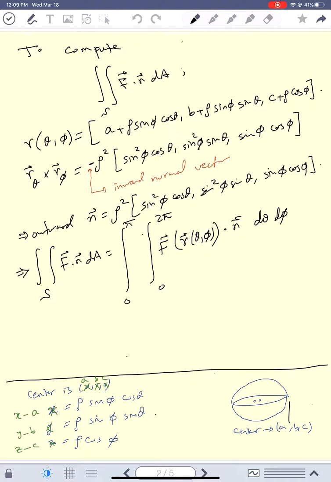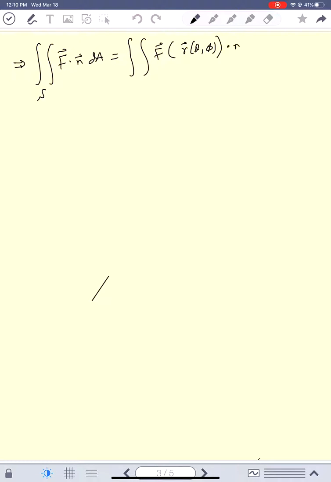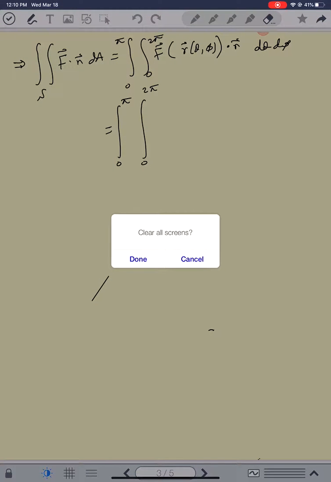Now I want to compute this integral somehow. So the surface integral is as we just wrote. This is equal to the integral like this. Now what is f?